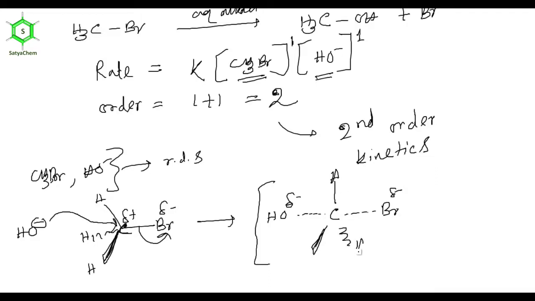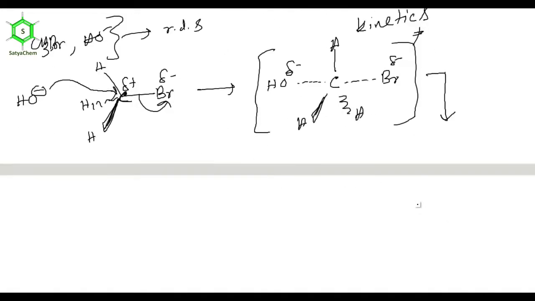This is the geometry of the transition state. Now, in the product, the C-Br bond completely breaks. So we will get this product.